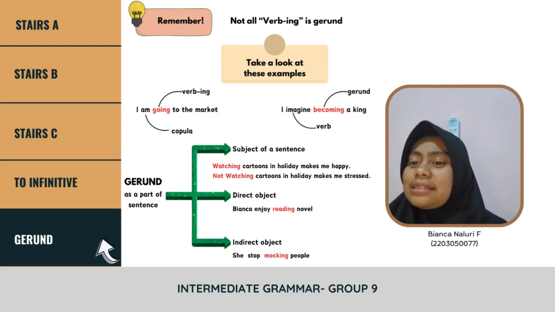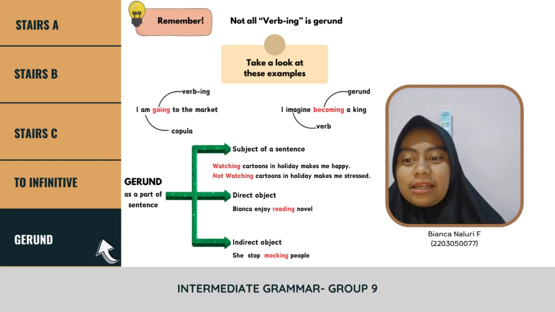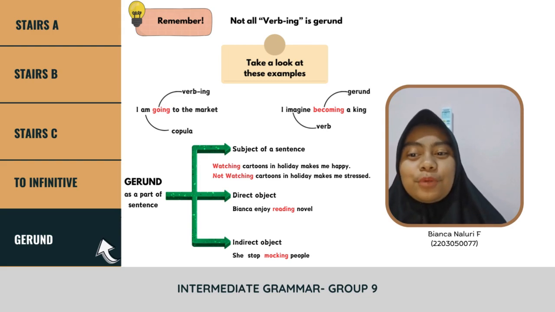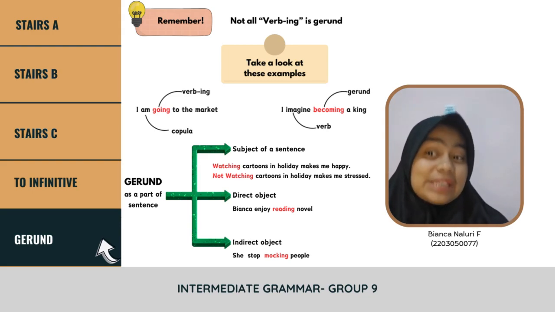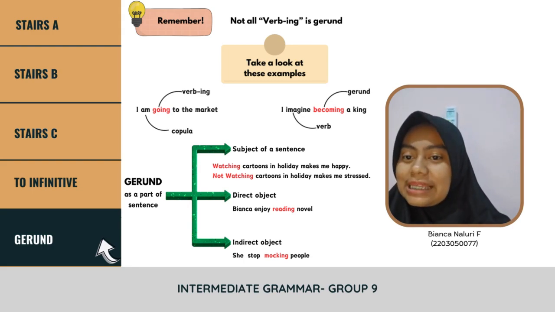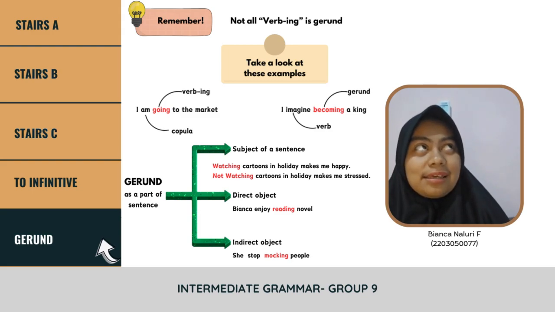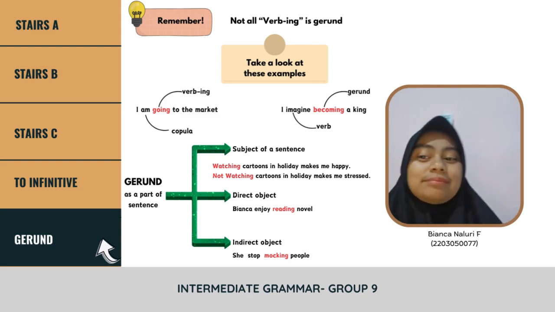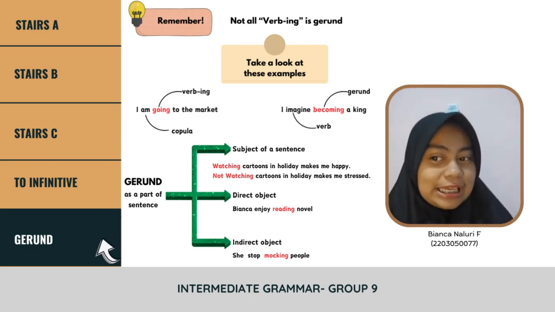Alright, so we have some information here. Let's take a look at how a gerund takes a role as a part of a sentence. Okay, first one is subject of a sentence. Because a gerund is a verb that acts as a noun, absolutely it could be the subject of the sentence.